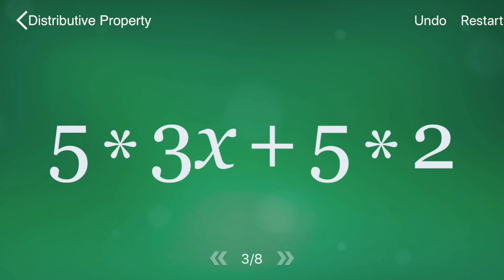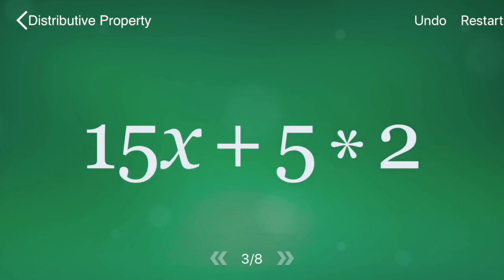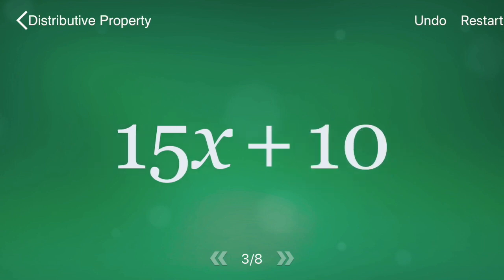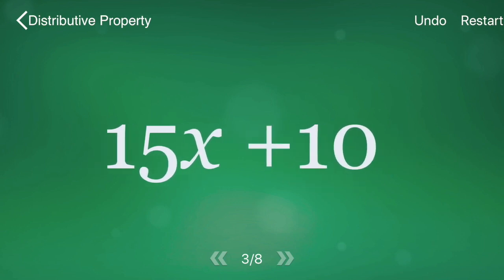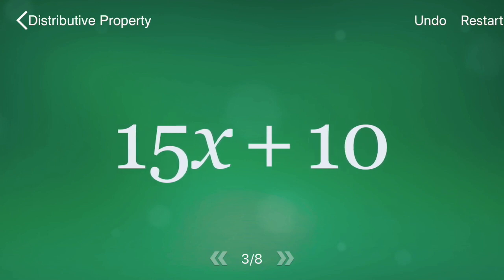So then I can multiply these terms together. So I have 5 times 3x, and if you look at your area model here, you're going to get 15x and then 5 times 2, which is 10. And of course, I'm done simplifying at that point. So I'm tapping on the plus sign and it's telling me that I'm done.